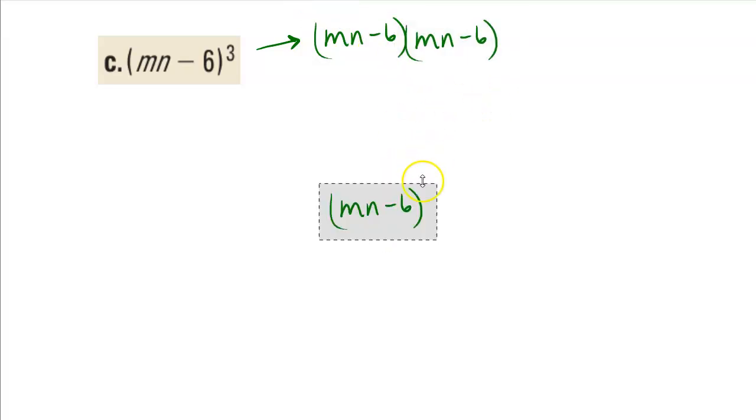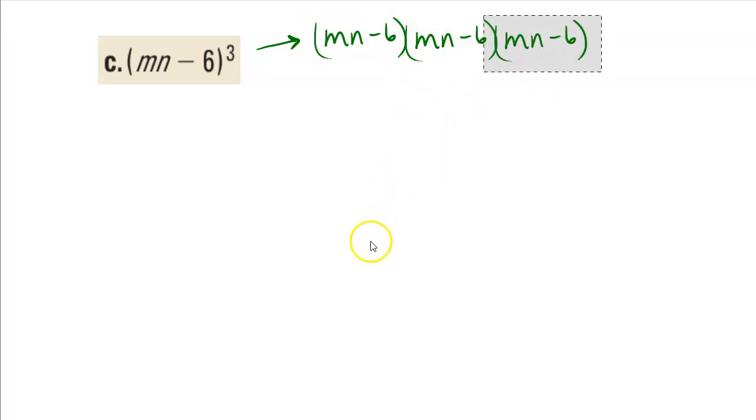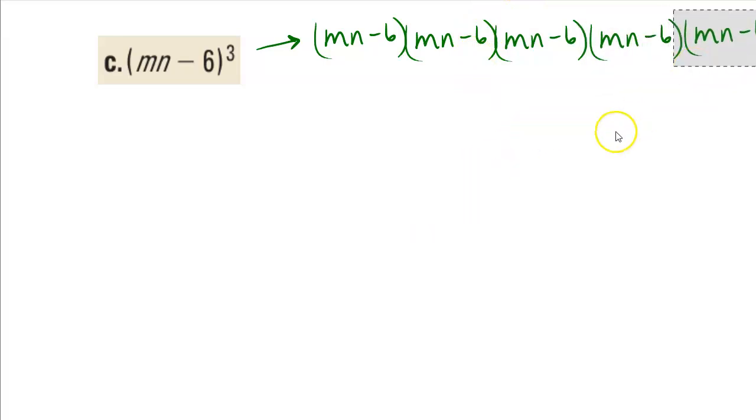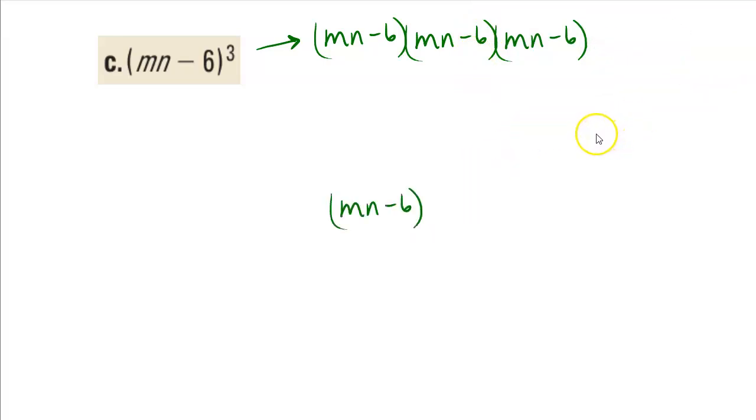I could say this times this times this. Right? I could do that and it'd be kind of a pain. Certainly if I had more than that, let's say it's to the 5th, that's just going to be a lot of work. Okay. So I could do it the old-fashioned way, but I'm really going to focus on patterns now.